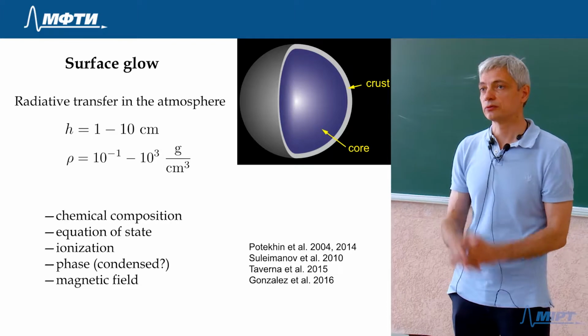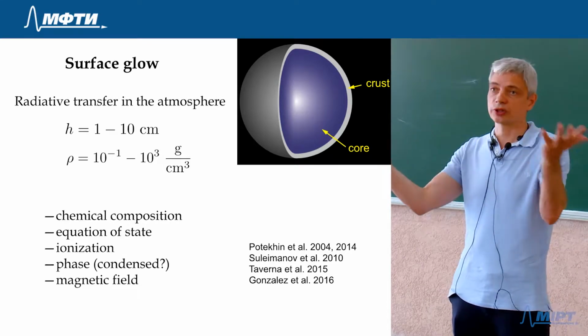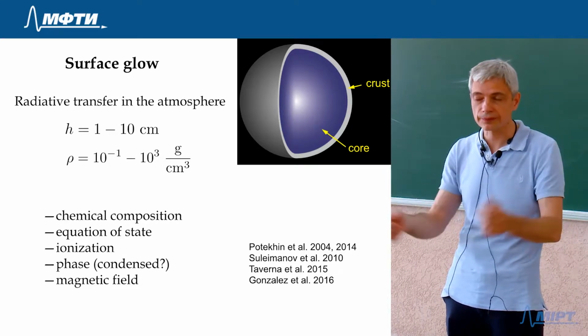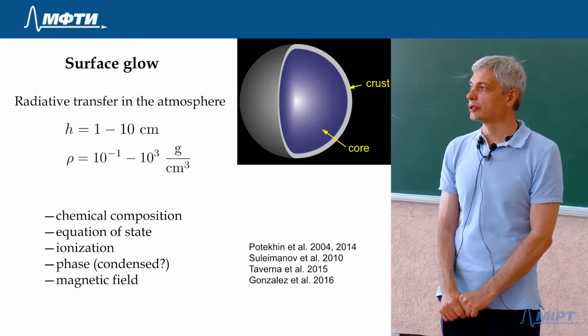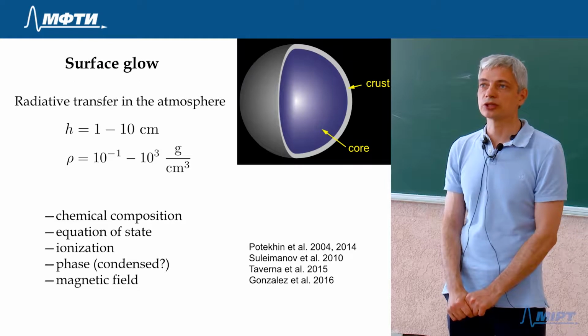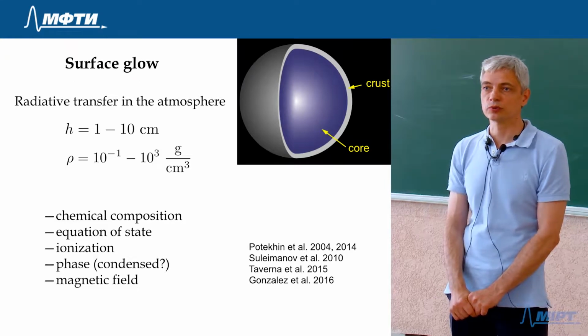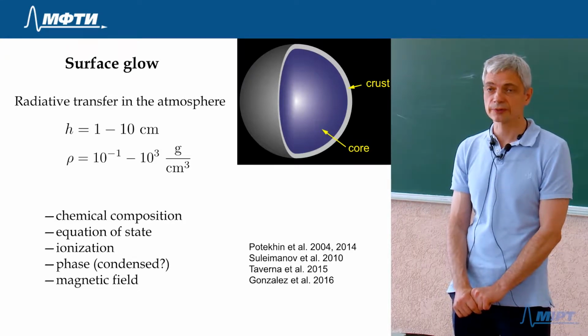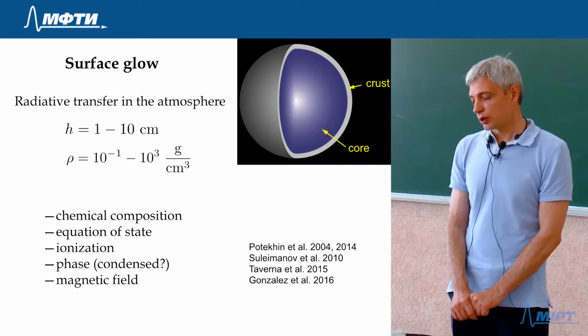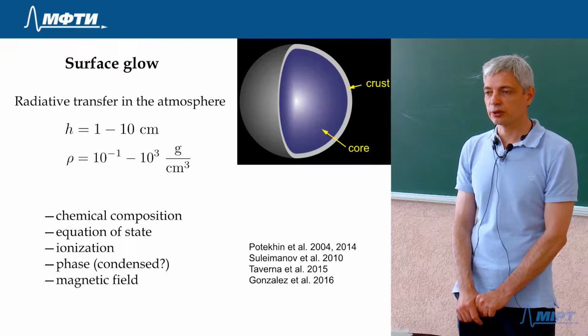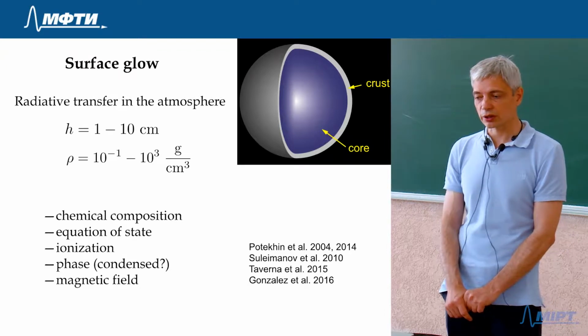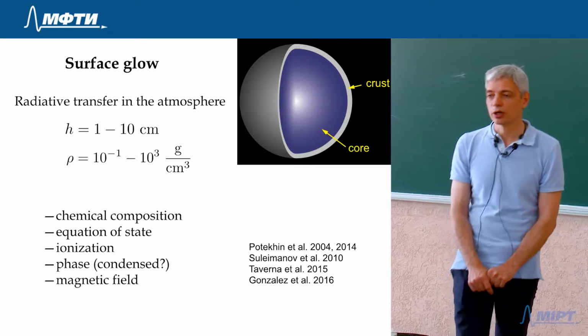Maybe the spectrum that emerges from the surface actually somehow depends on the magnetic field. You can also imagine getting some information about the chemical composition of the surface if you do careful spectral analysis. So relaxing the assumption of black body emission potentially can be interesting and can carry interesting information.